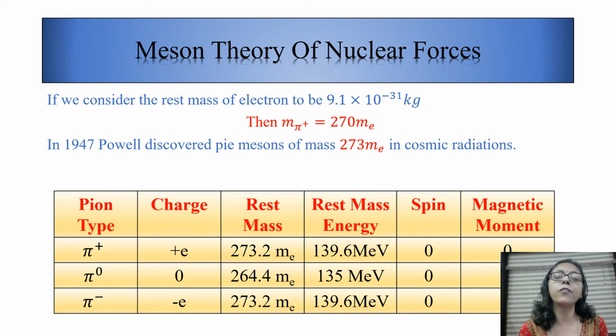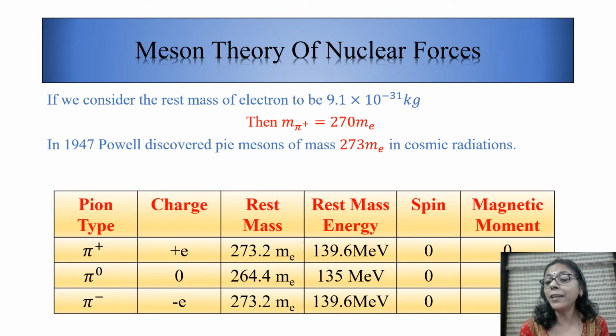Now here I have drawn a small table depicting different pi mesons, the charges associated with them, their rest mass energies, their rest masses, their spin and their magnetic moment. Of which I would say everything is important.